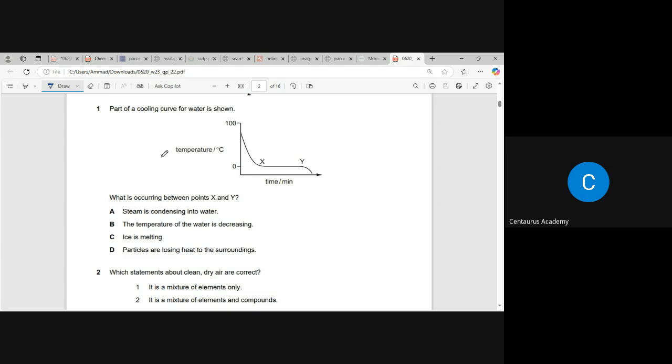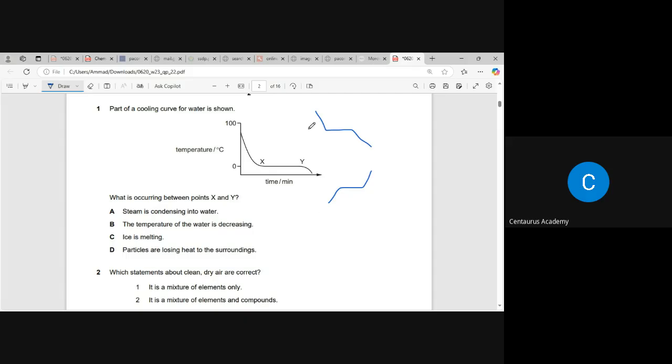If you see that, cooling curves tend to be like this, whereas heating curves tend to be like this in an ascending manner. And in a descending manner, that is a cooling curve.